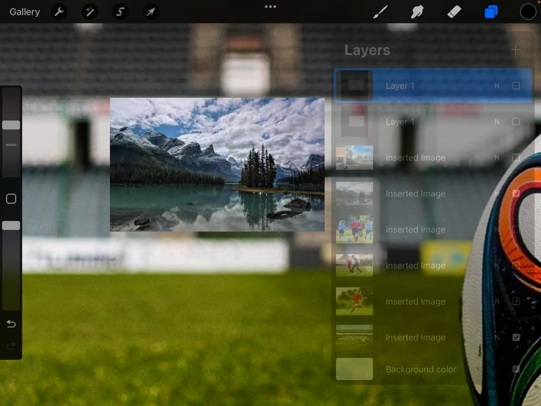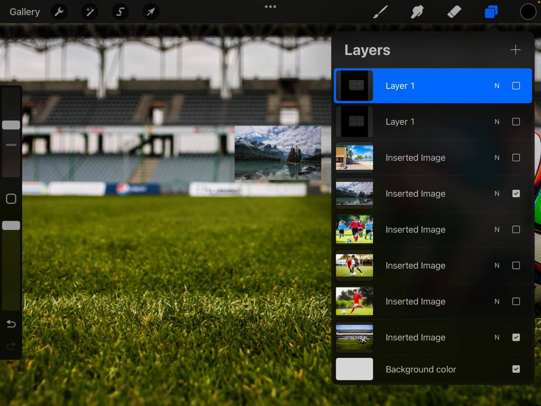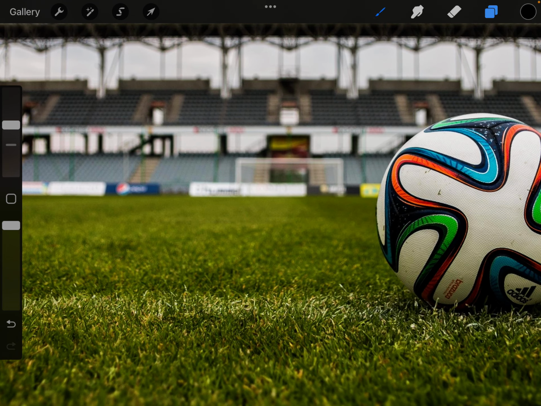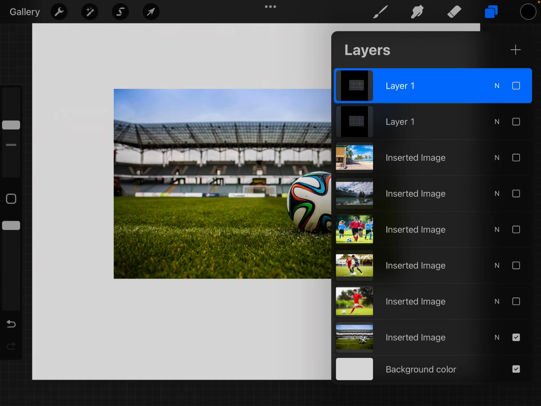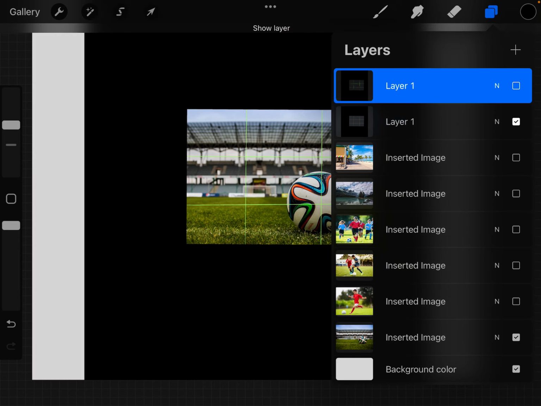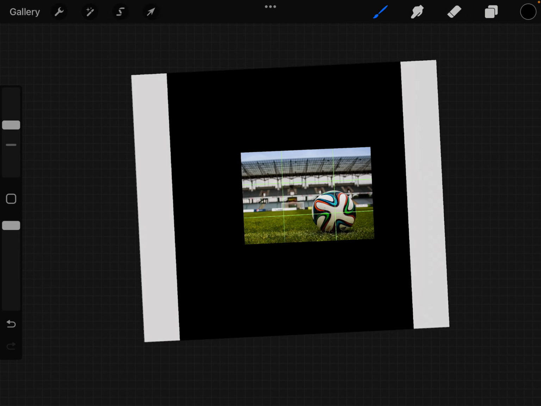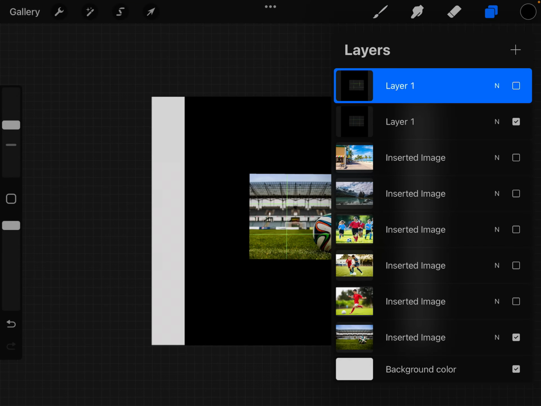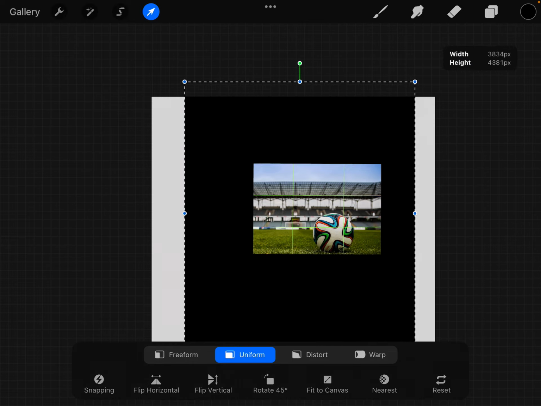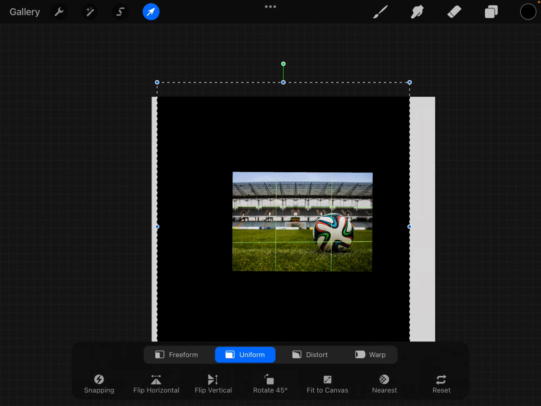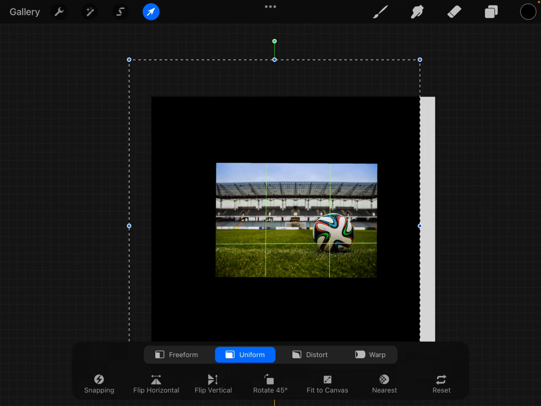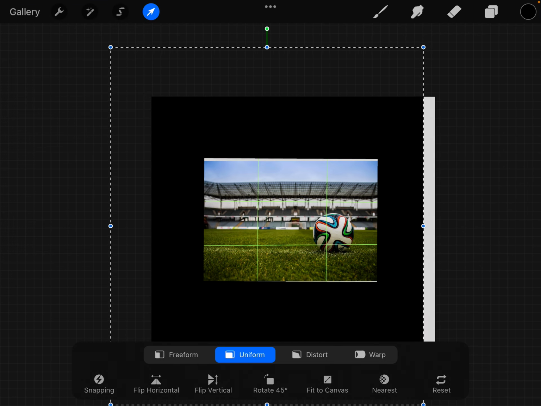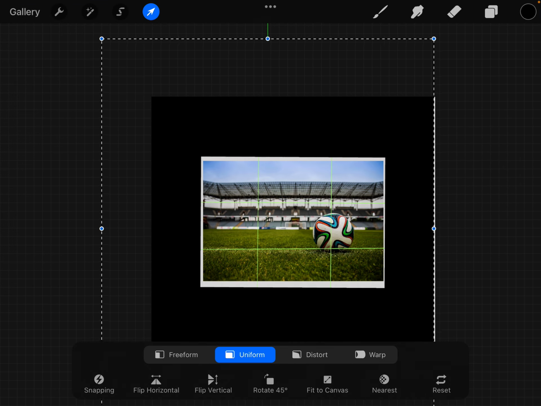Now, this is a very good example of an interesting composition, because what we have over here is a soccer ball, right? Now, where is this soccer ball located? Well, you can see the soccer ball is located exactly where it should be. It's going to be in a place that gives it a little bit of tension.